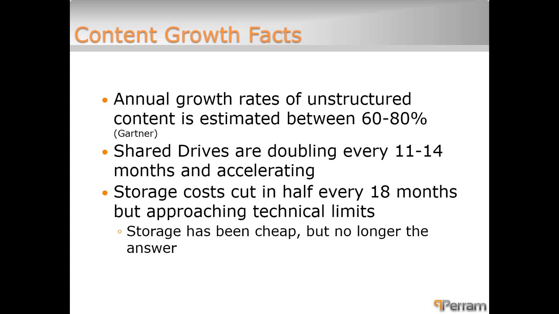And for the first time, the growth rate has actually surpassed the rate at which storage costs decrease. So what we've been able to get away with for the past number of decades is going to be a much different environment in which we're seeing actual storage costs grow and grow, based on the amount of content that we're creating.